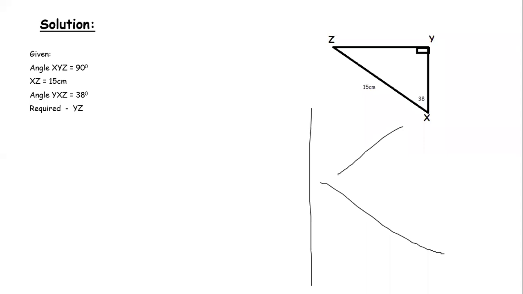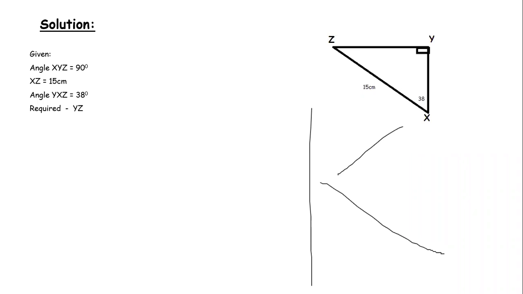If we look at it, we discover that XZ is facing the right angle. So because XZ is facing the right angle, that makes XZ our hypotenuse side.